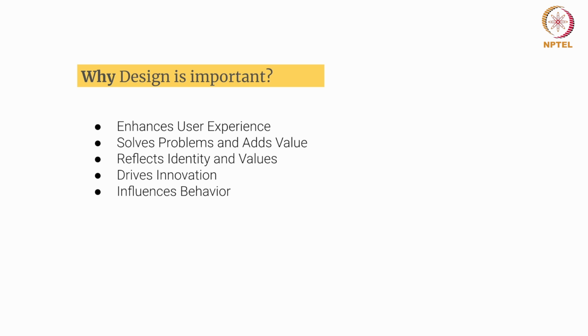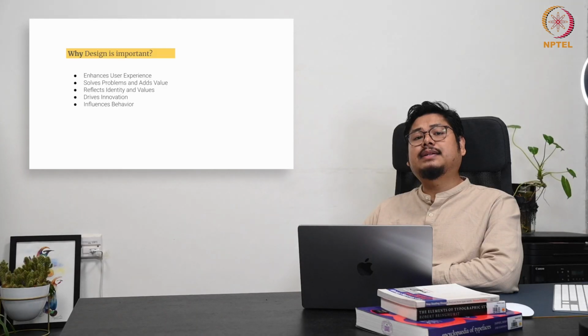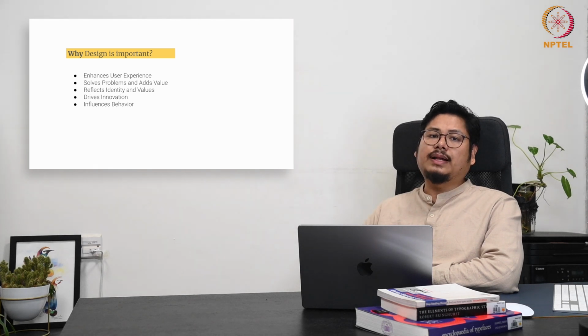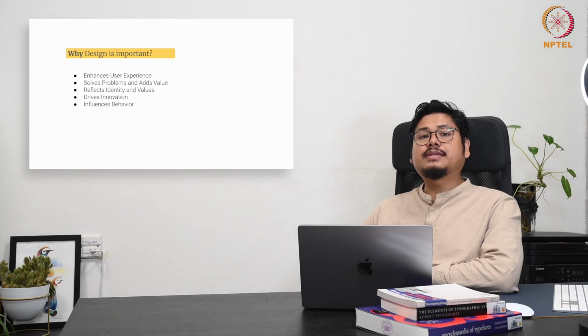The next point is it influences behavior. Design can subtly guide behavior through things like color schemes, layout, and form. For instance, urban design can influence how people move through a city, while UX design can influence how people engage with a website or an app.